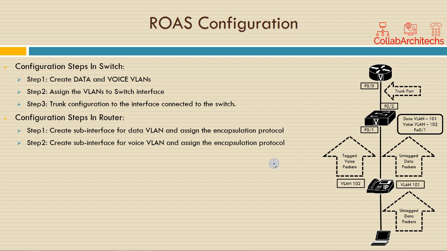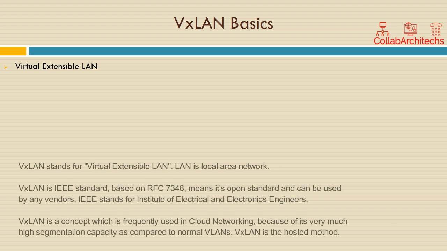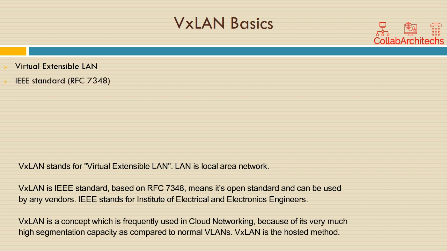Okay, now let's discuss something about VxLAN, only the basics. VxLAN stands for Virtual Extensible LAN, and LAN is local area network. VxLAN is an IEEE standard based on RFC 7348, which means it's an open standard and can be used by any vendor.